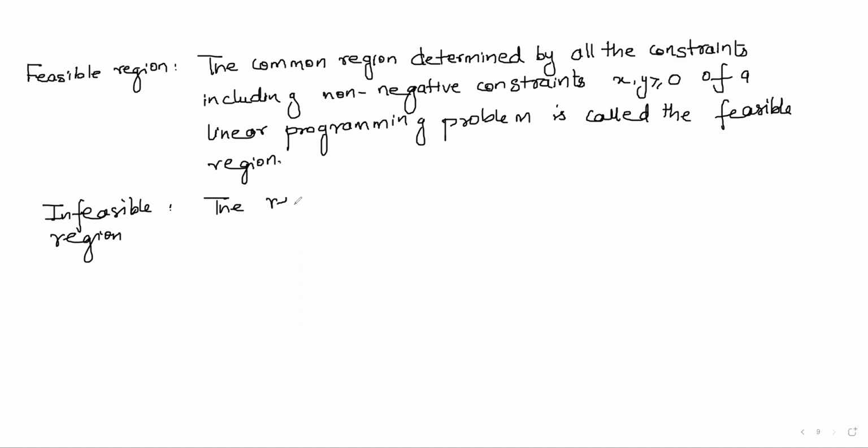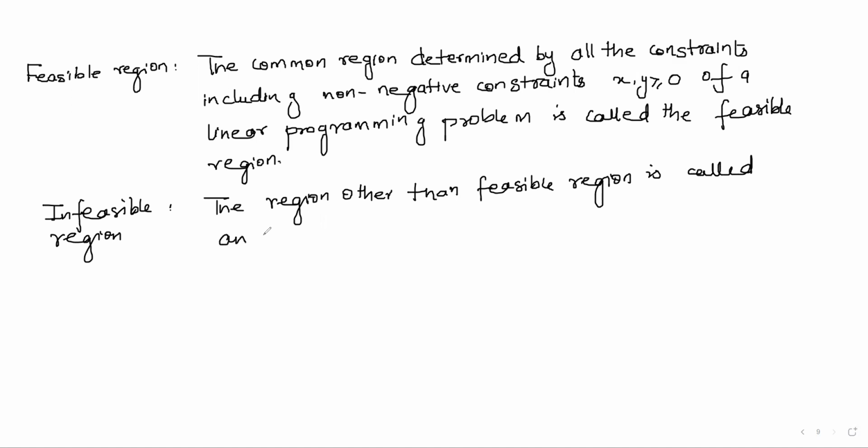The region other than the feasible region is called the infeasible region. All of you, please note down this. Raise your hands once it is done. Then we will check some more definitions and then start the question.